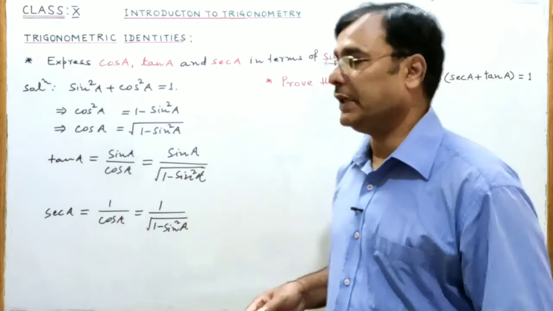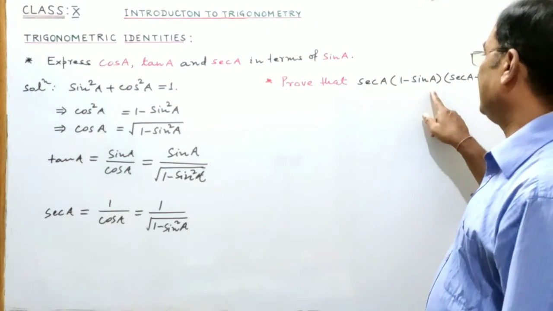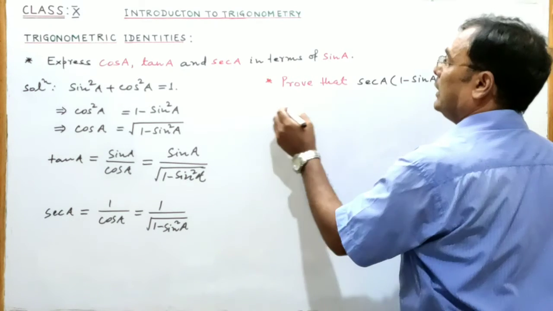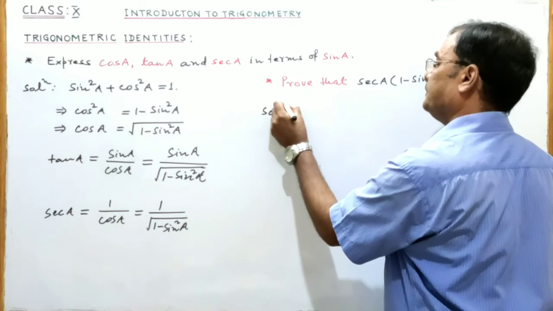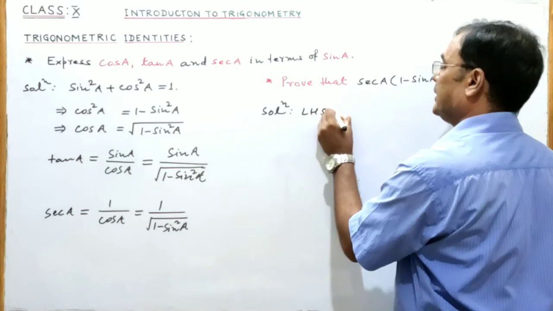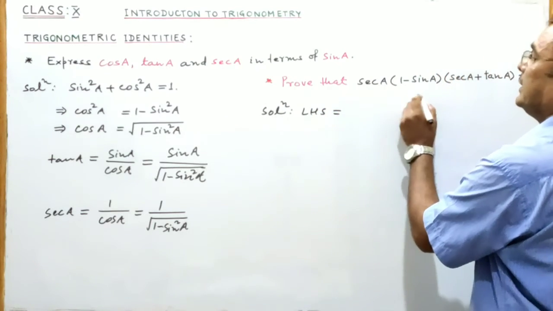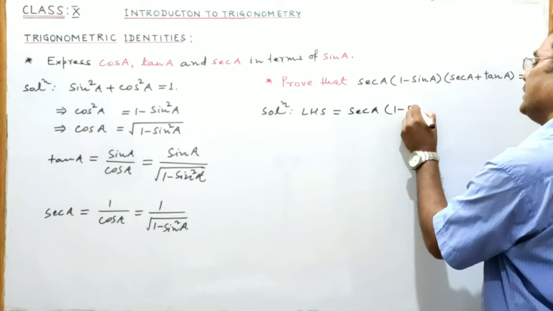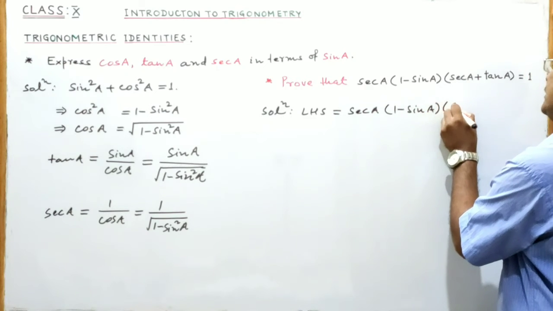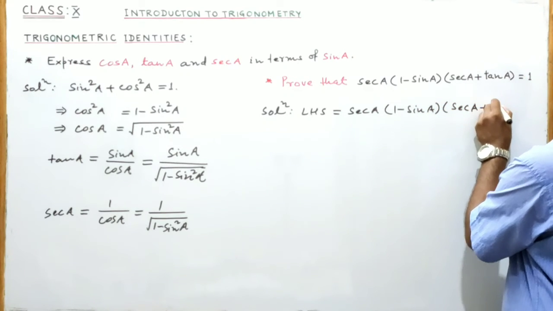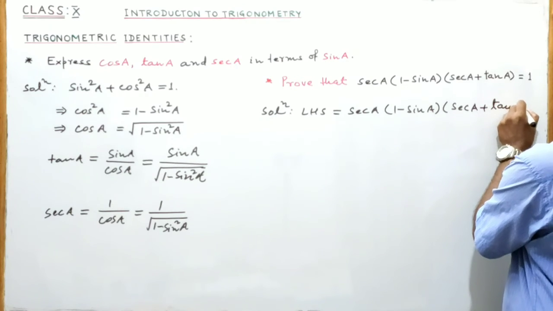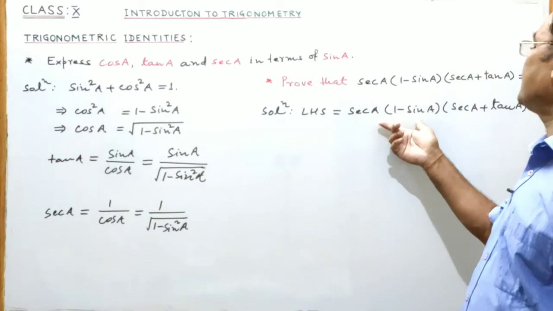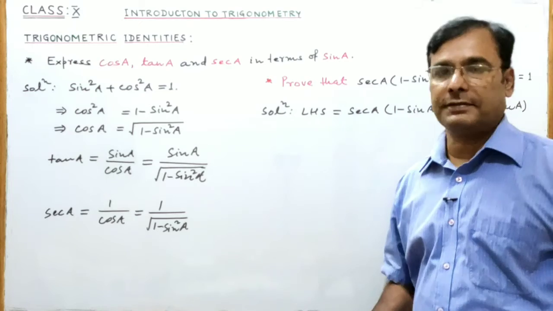Next question is, prove that sec A into 1 minus sin A into sec A plus tan A is equal to 1. Let's prove this question. Let us take left hand side of this identity as sec A into 1 minus sin A into sec A plus tan A. We have to simplify this left hand side by changing these trigonometric ratios in terms of sin and cos.